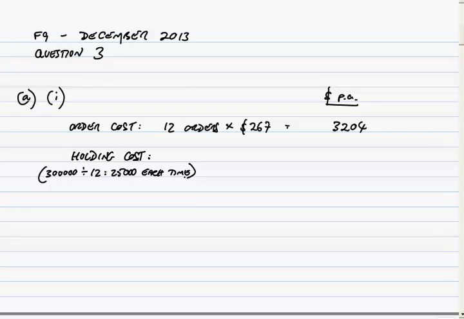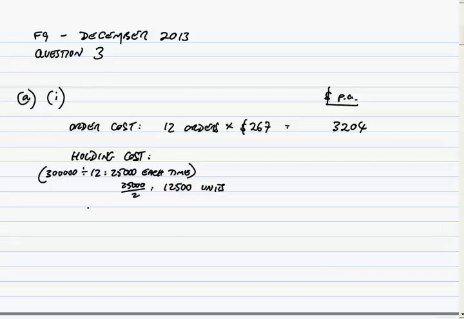And so if we ignore the buffer stock for one moment, the inventory levels would be moving between 25,000 and 0. The average inventory would be 12,500 units.